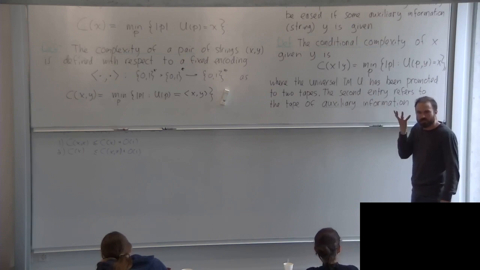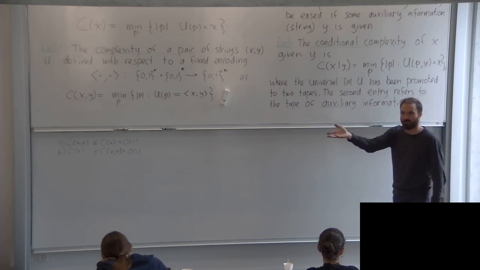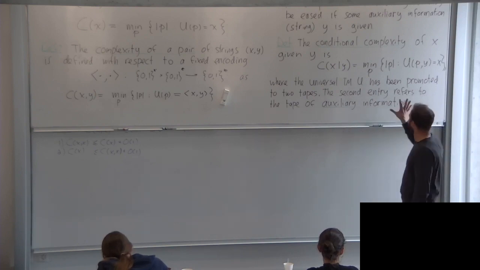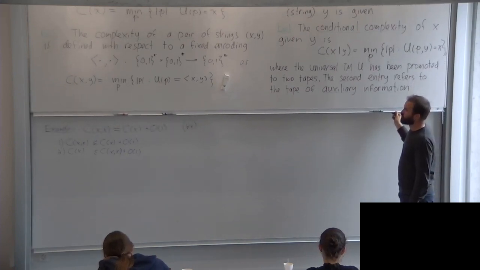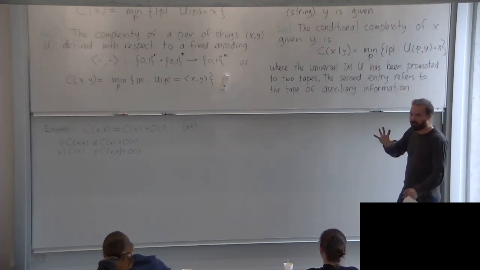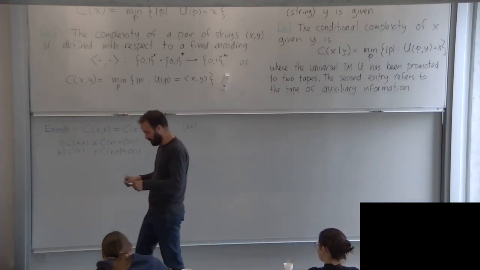Then we sort of lose a little bit the idea that y is side information. It's just sitting there, we have access to y. I prefer this one. But yes, it's not a fundamental difference.